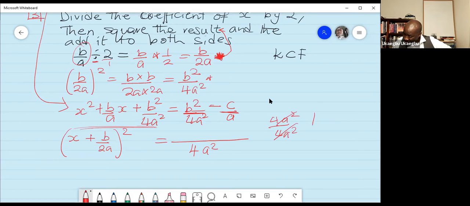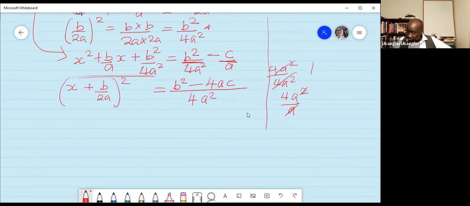So 1 times b squared gives b squared. Then minus 4a squared divided by a, so we are going to have 4a, 4a times c will give us 4ac.